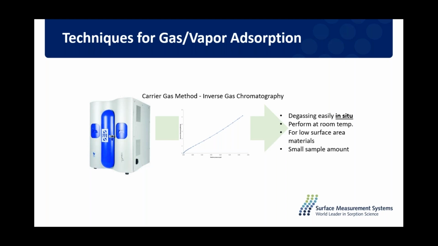We typically can get away with smaller sample amounts, so it is more applicable to lower surface area materials and also materials where you might not have a lot of sample. The degassing is done in situ, so you pack a column, you can outgas the sample in situ, and you can measure it at controlled temperature and, as I'll show later, relative humidity. So I do not have to do these only at cryogenic temperatures and under vacuum.